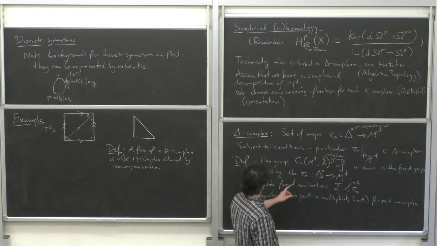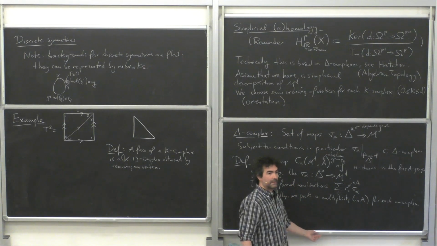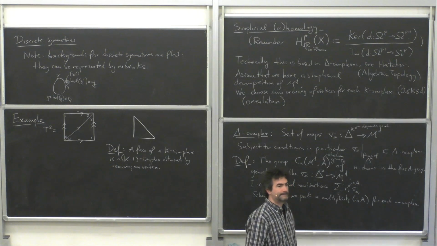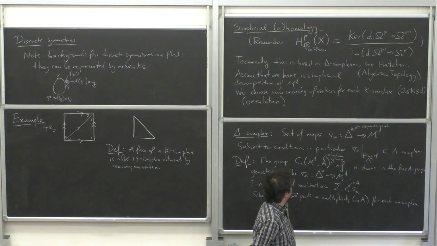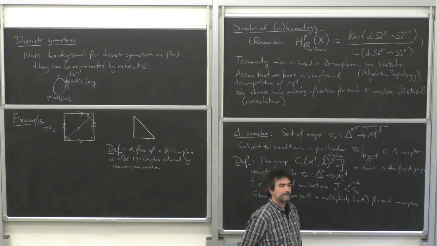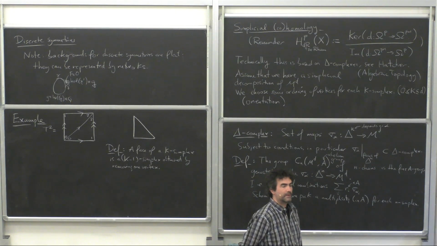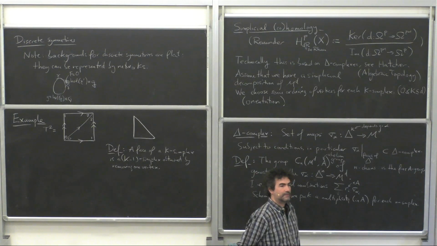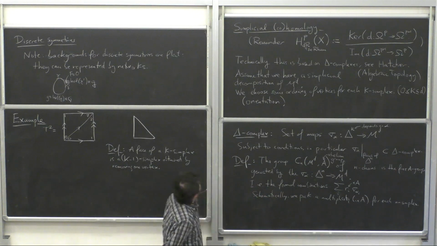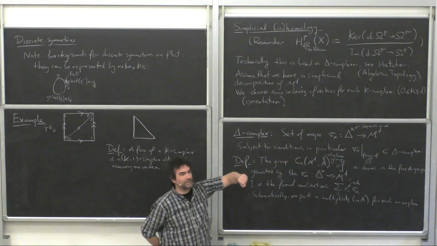Yeah, I'm coming to that. But I'm very confused about the fact that you're operating with your abelian group on a map from a simplex to the space, not on the simplex itself. Yeah. So technically this is based on delta complexes.